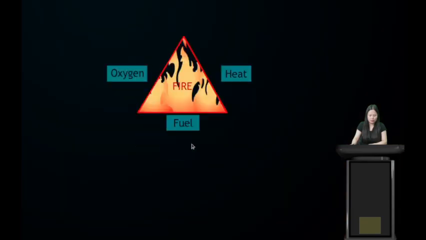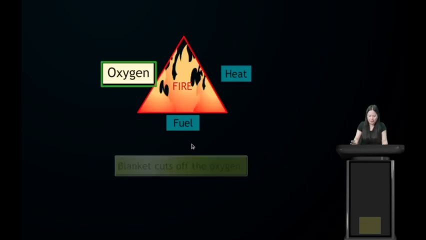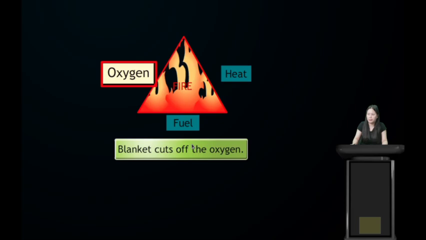Yes, students, so here, what was the purpose of the blanket? Which essential component did they remove when they used the blanket to wrap around the person? They cut off oxygen supply. So a blanket cuts off the oxygen supply.